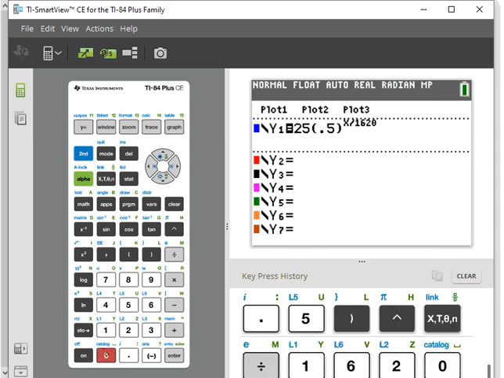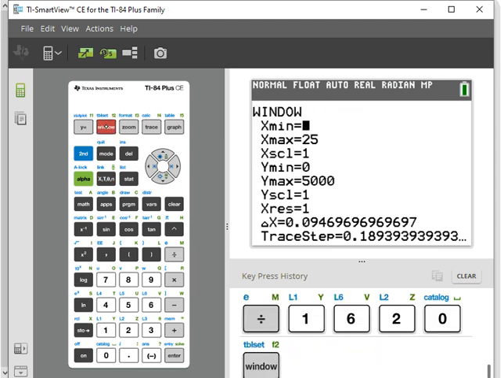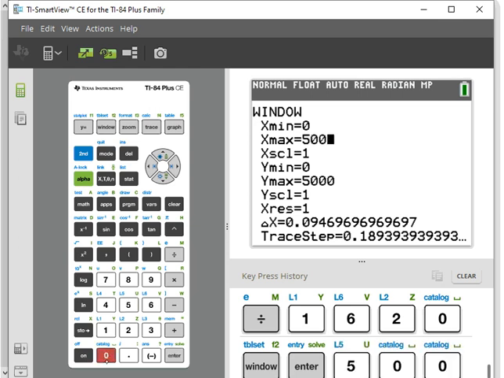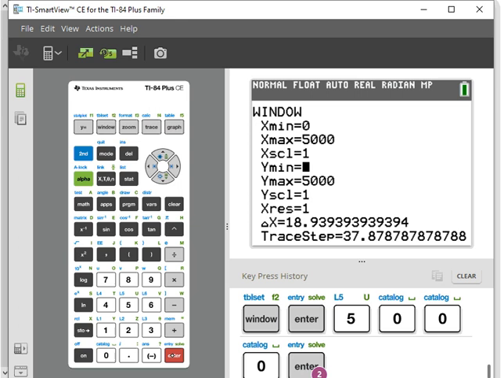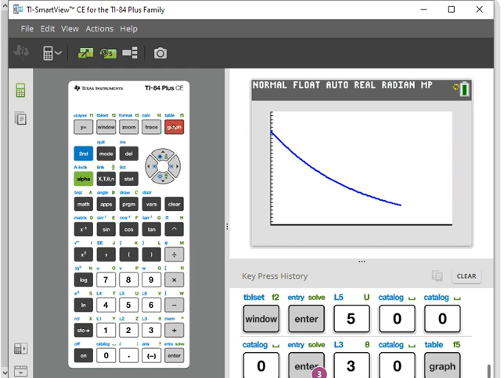I need to change my window because we're dealing with a lot of years, up to 5,000. Our maximum value is going to be less than 30. So plugging it in, that's a decaying type function.